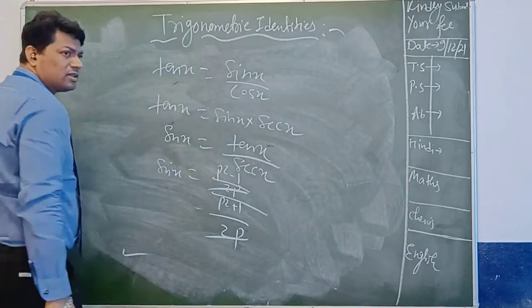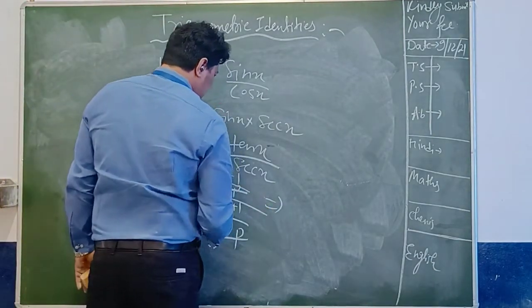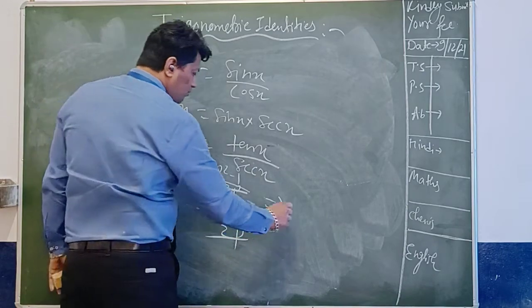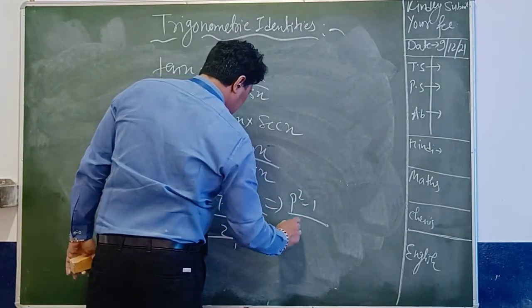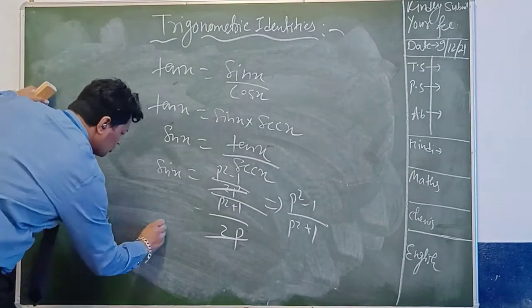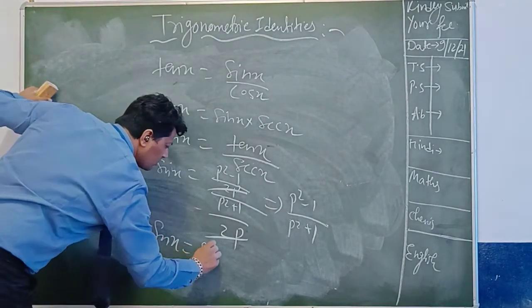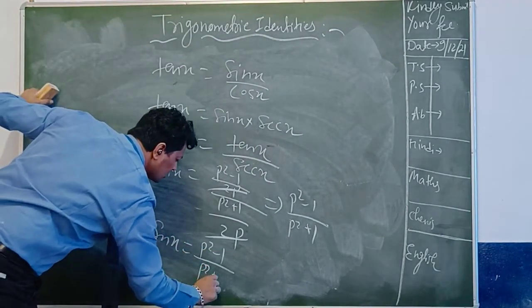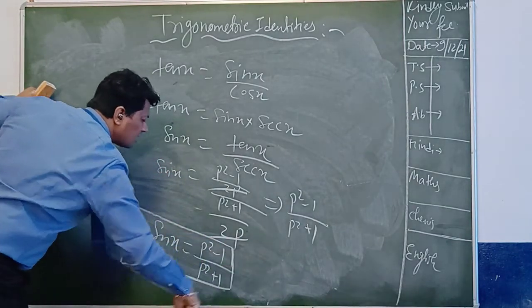This one cancels out with this one. You will get p square minus 1 divided by p square plus 1. So simply you can write sin x equal to p square minus 1 upon p square plus 1. Any doubt?